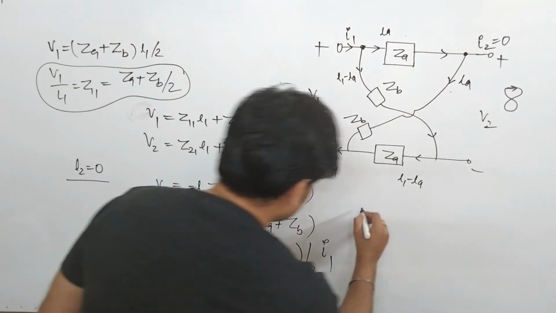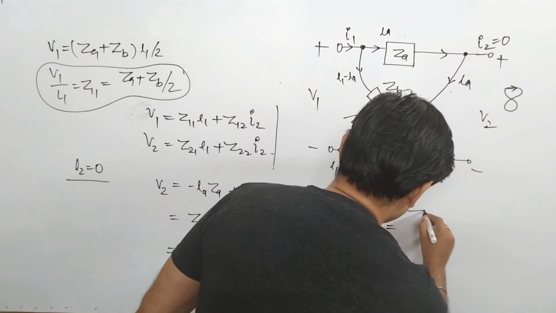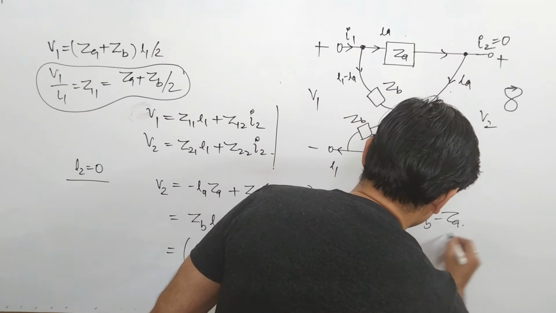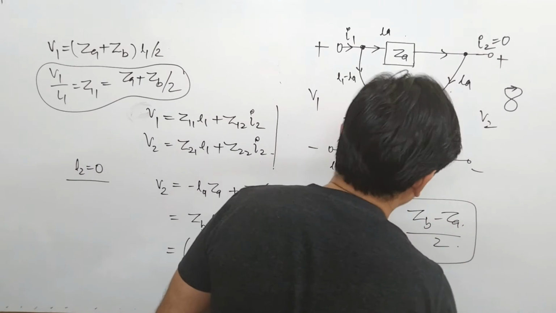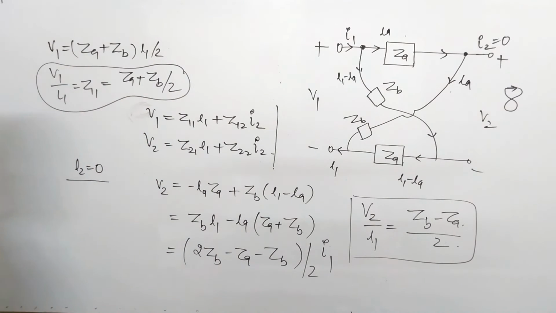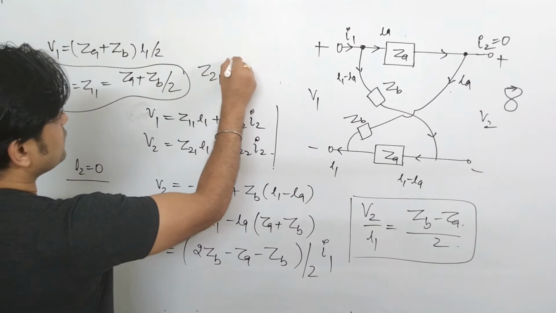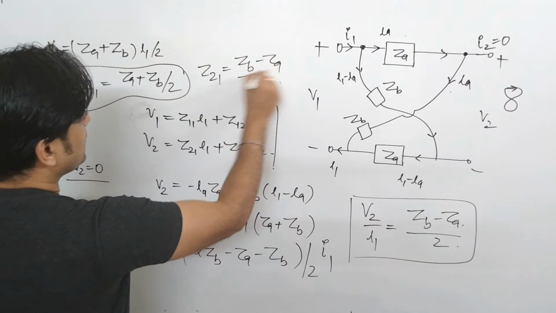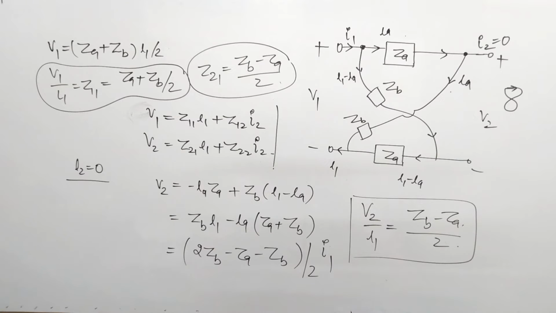So from here you can say that V2 by I1 comes to be ZB minus ZA upon 2. So this is your Z21. In this fashion, Z21 comes to be ZB minus ZA upon 2. This is your next parameter you have identified.